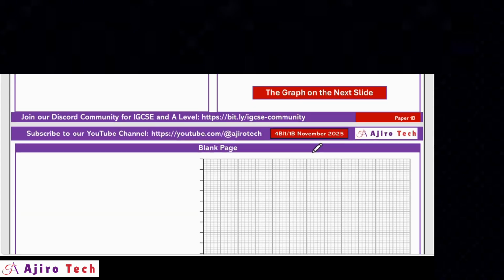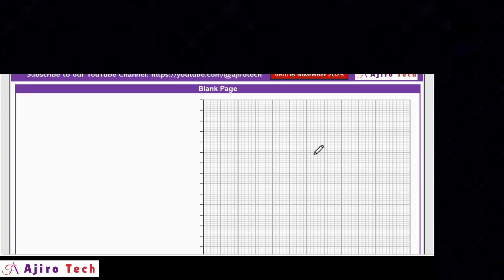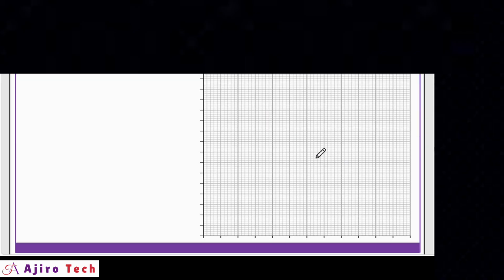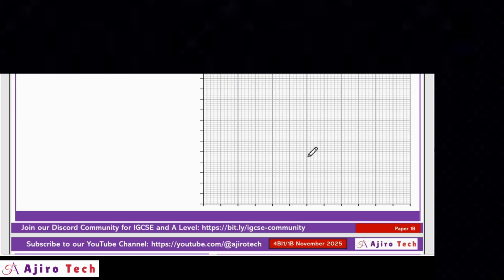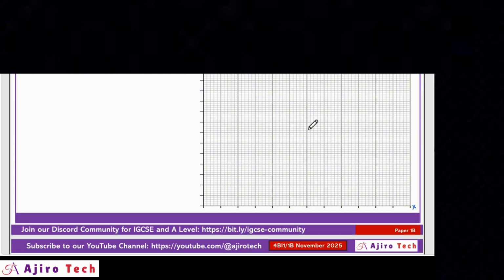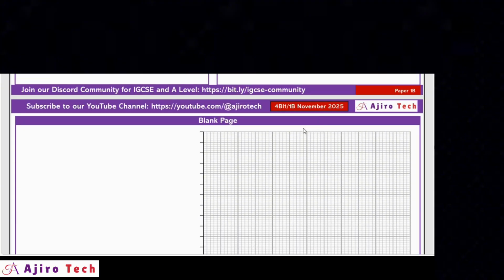So now let's see how we can partition our graph sheets into specific readings, or specific scales. This is the x-axis, and this is the y-axis.